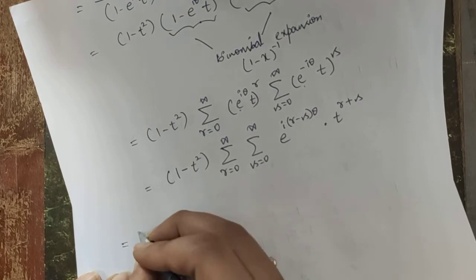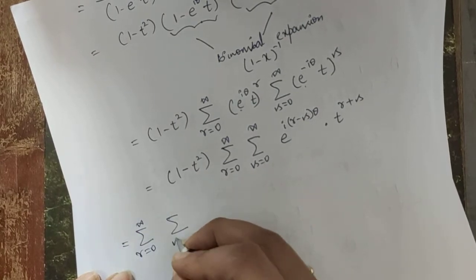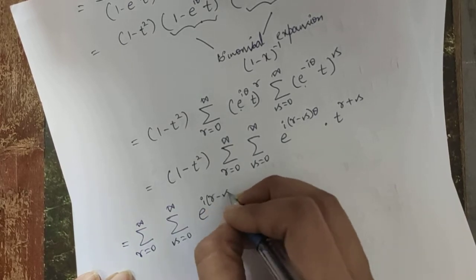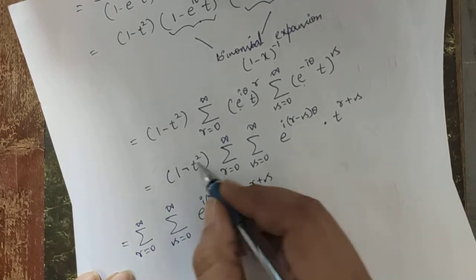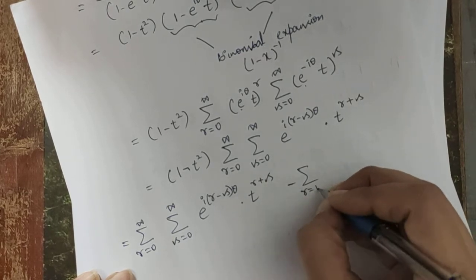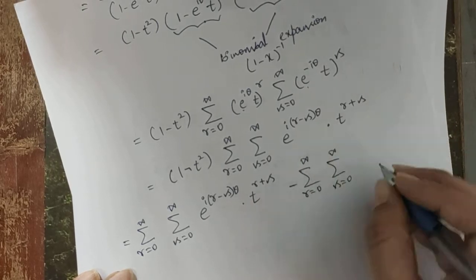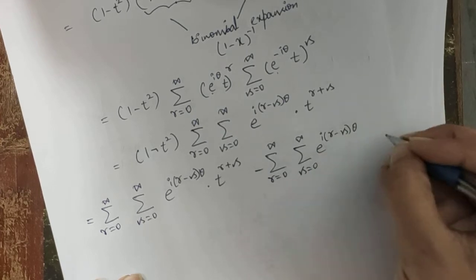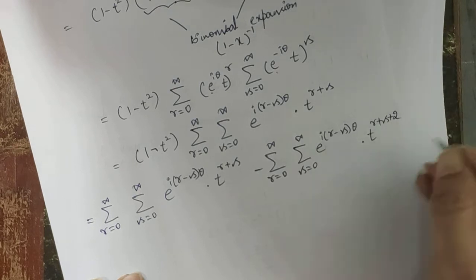So this will become summation r is equal to 0 to infinity, summation s is equal to 0 to infinity, e power i(r minus s) theta, t power r plus s, minus summation r is equal to 0 to infinity, summation s is equal to 0 to infinity, e power i(r minus s) theta, t power r plus s plus 2.